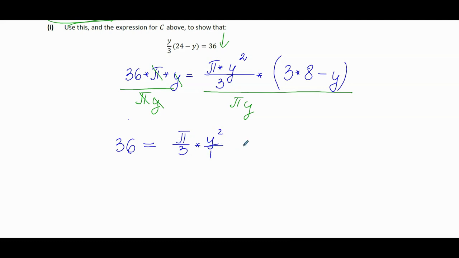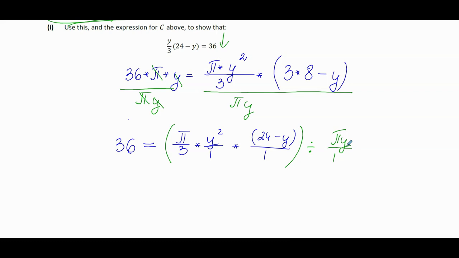I'm not changing the value of it, and that is multiplied by 3 by 8. We can actually multiply that: 3 by 8 is 24 minus y, and we write that as a fraction over 1. So that's the top of the fraction, and that is divided by the bottom of the fraction, which is pi over y.